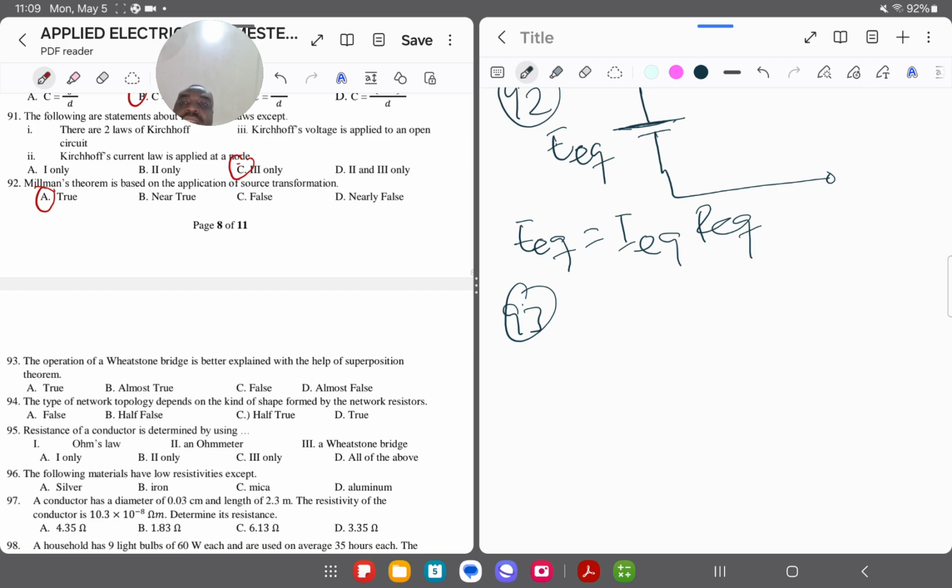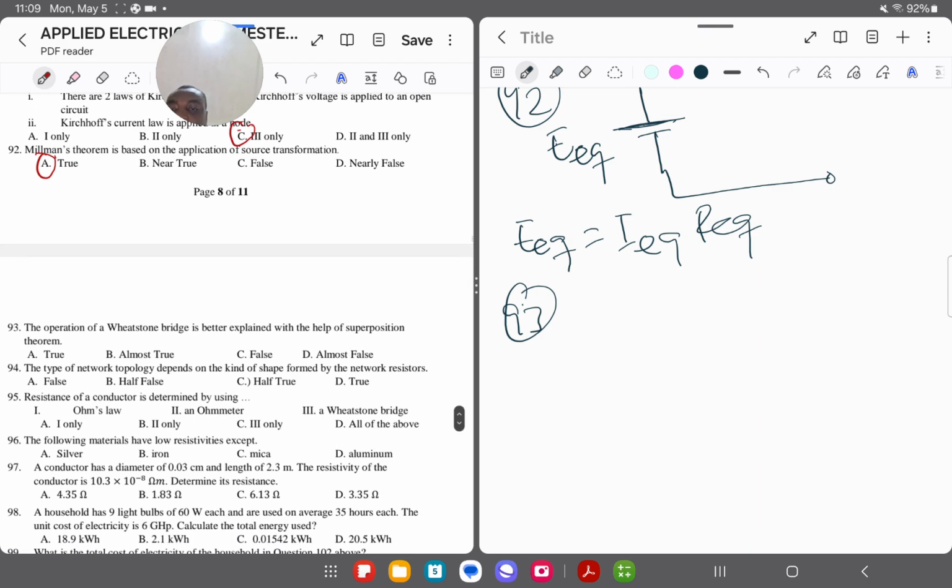When you get a zero current, it means that there's no flow of current, so the current flow there is zero, and then that branch is what? Open circuit. So question 93, this is false. Okay, so the answer here will be false.